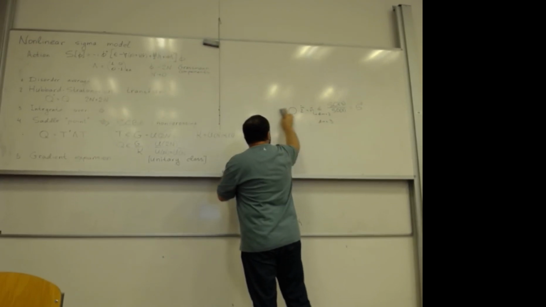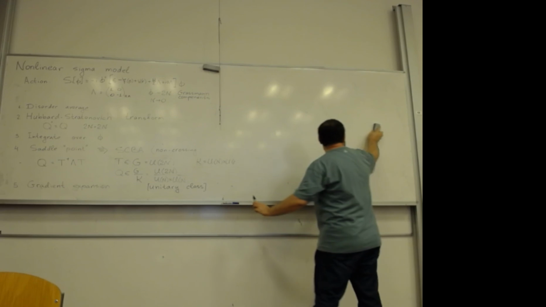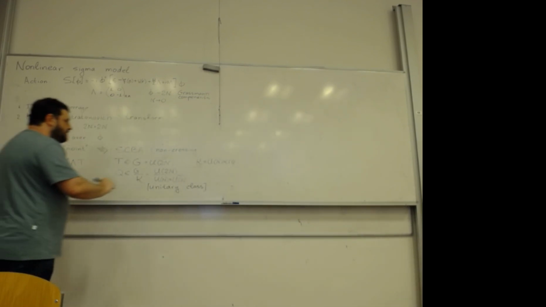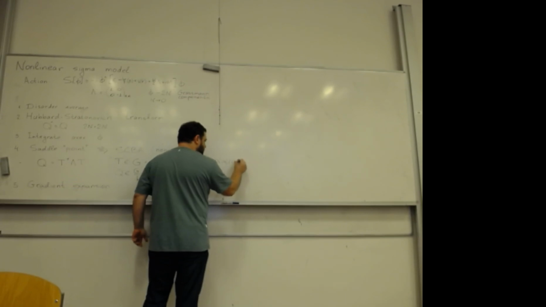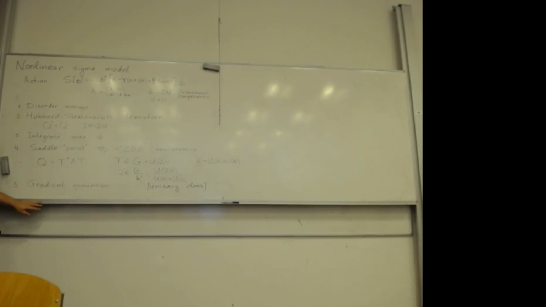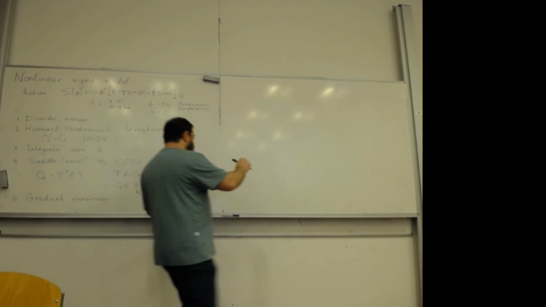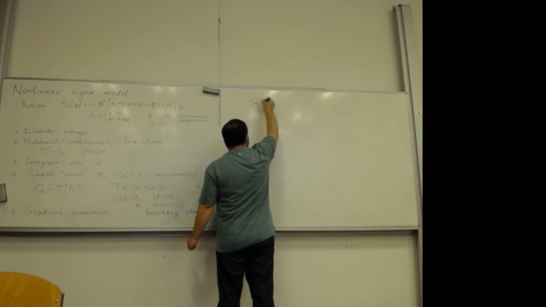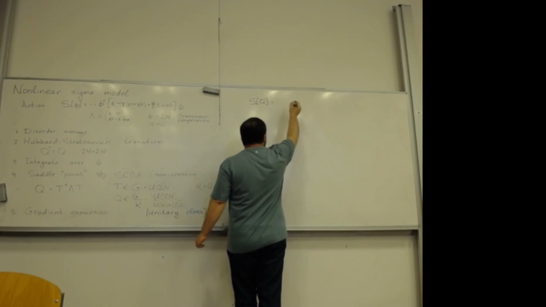So let's proceed, and the point where we stopped yesterday was this gradient expansion, and it was the action S of Q that has the following strange form.